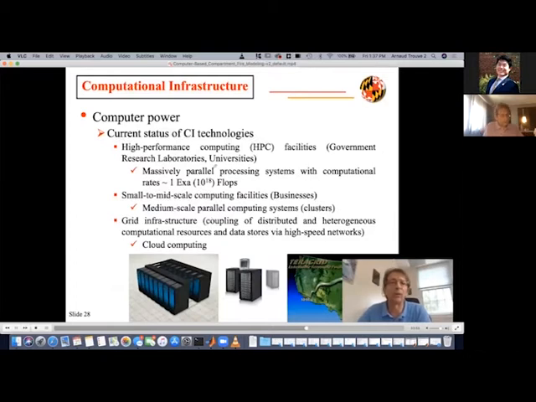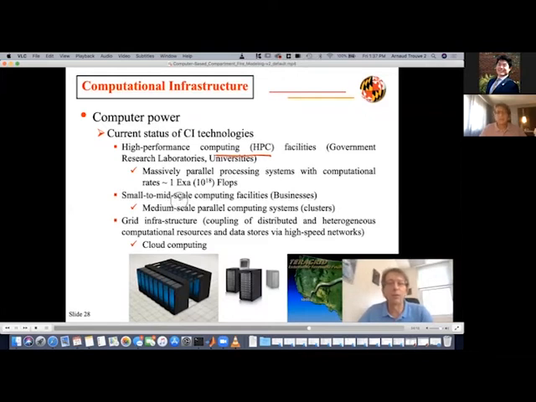This has led to the development of a wide infrastructure, a number of computing platforms. They range from government labs or universities that have large-scale, massively parallel computing facilities with sometimes hundreds of thousands of processors.